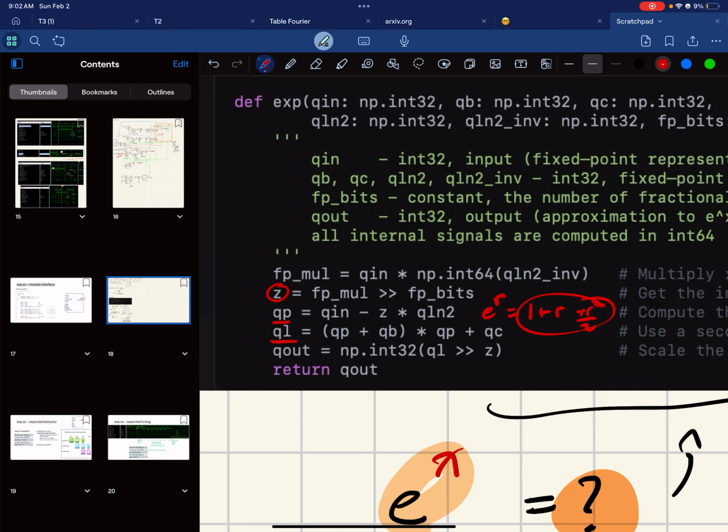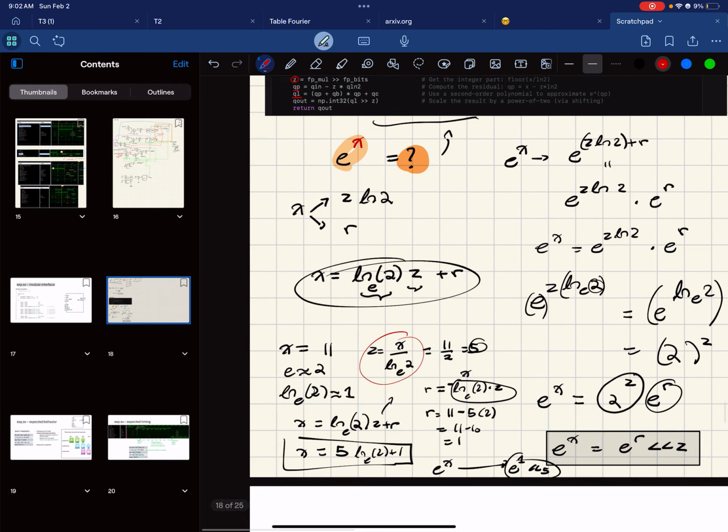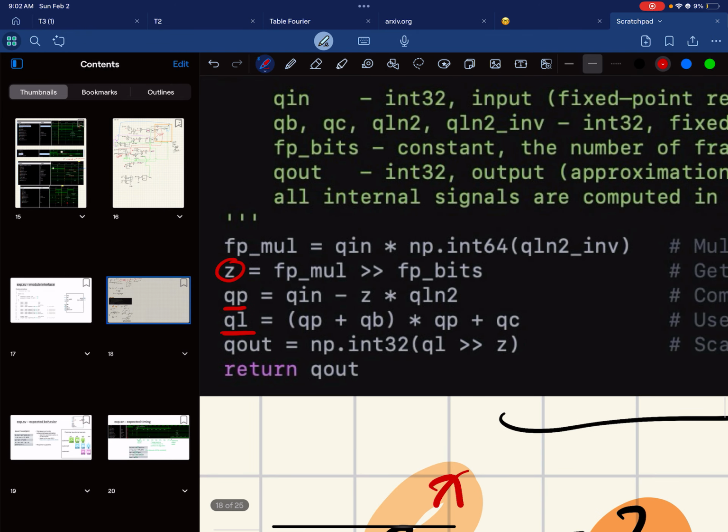It's basically quadratic. So we get R squared plus BR plus C, where QB and QC are just parameters that we fine-tuned that are very good at approximating the Taylor series of the exponent.